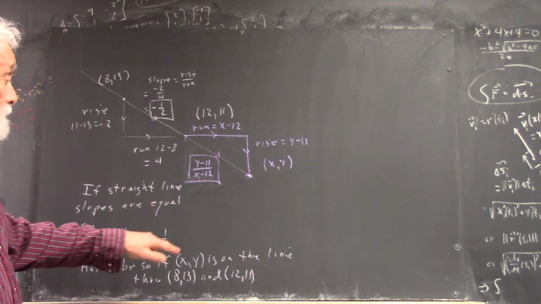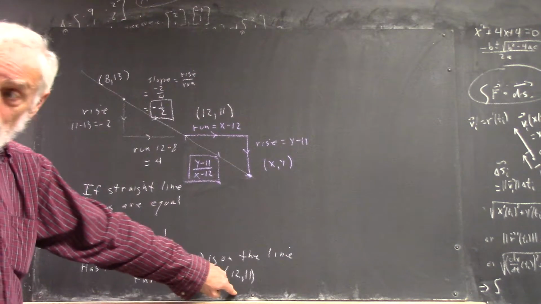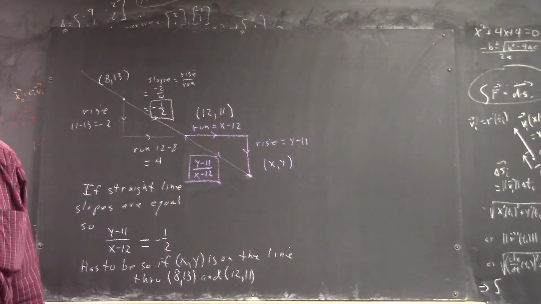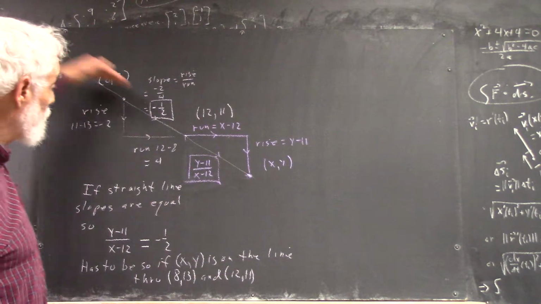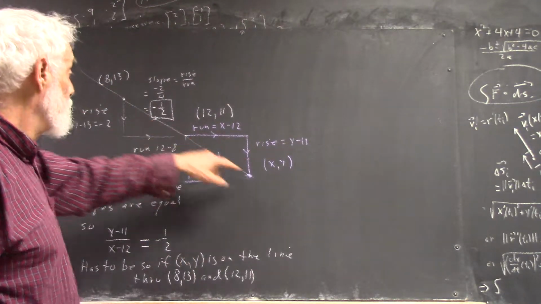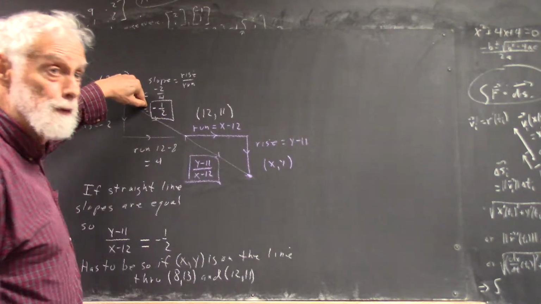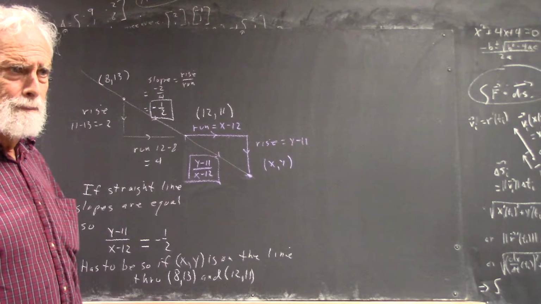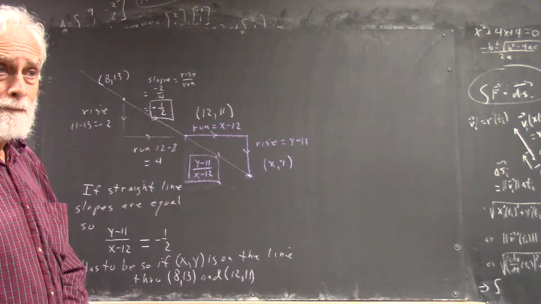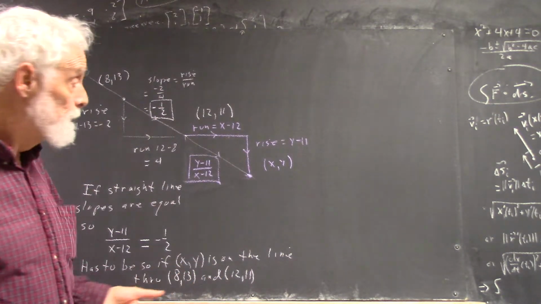Has to be so if xy is on the line through these 2 points. Because if it's on the line through these 2 points, then the slope from either of these points out to xy has to be the same as the slope here. That makes sense? Because the slopes always have to be the same.